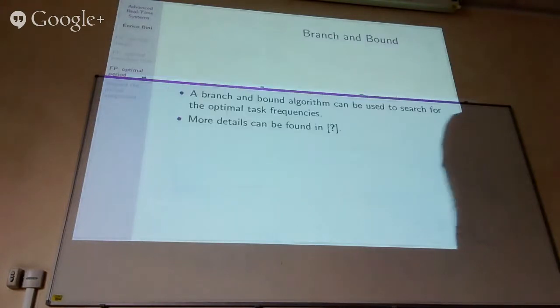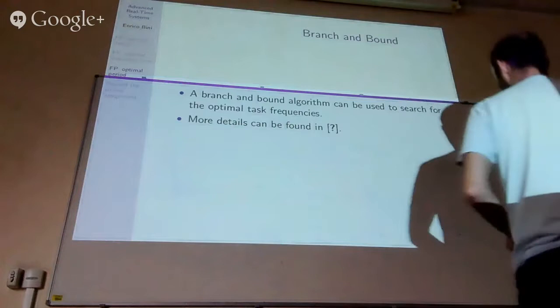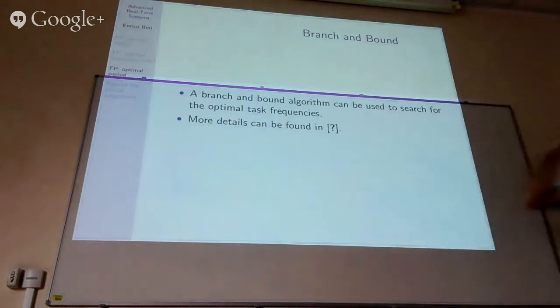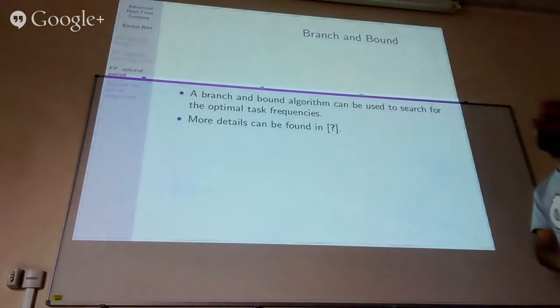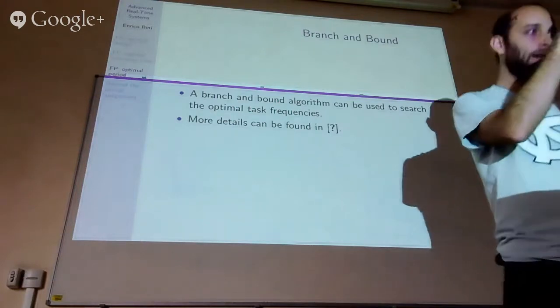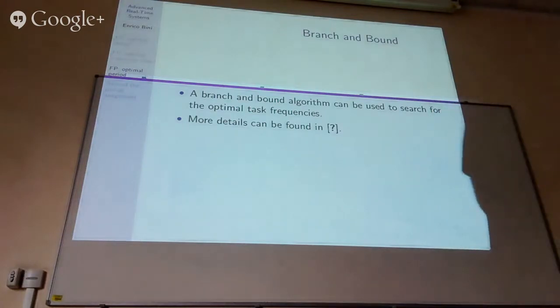Okay. Branch and bound. Now we have that formulation. If you want, you can use a branch and bound algorithm. We have a paper where we find these task frequencies.